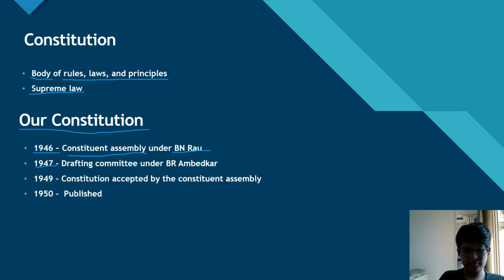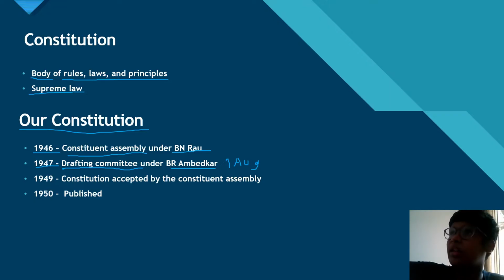And then on 1st August 1947, mind you, a drafting committee was formed under B.R. Ambedkar and they modified the draft so that it would look formal and also it would cover most of the essential things and the more refined things too.